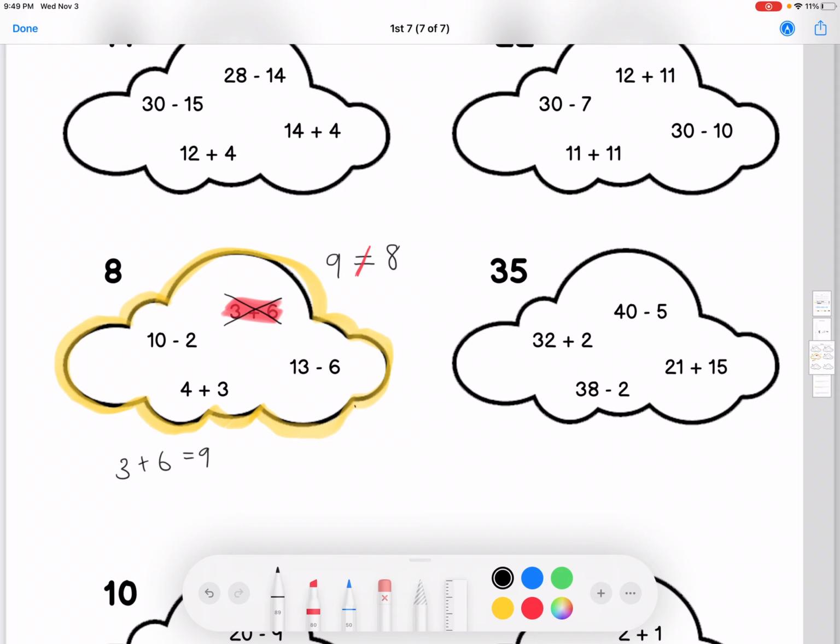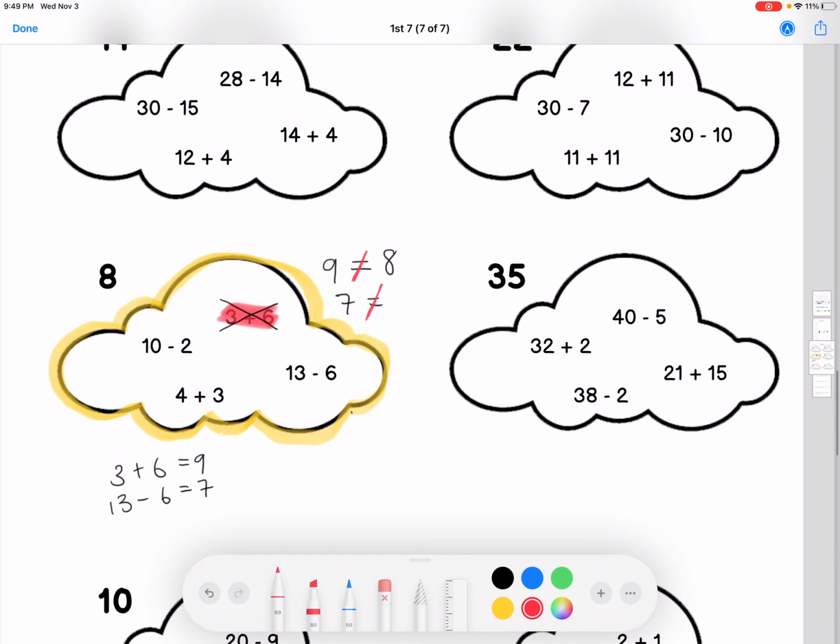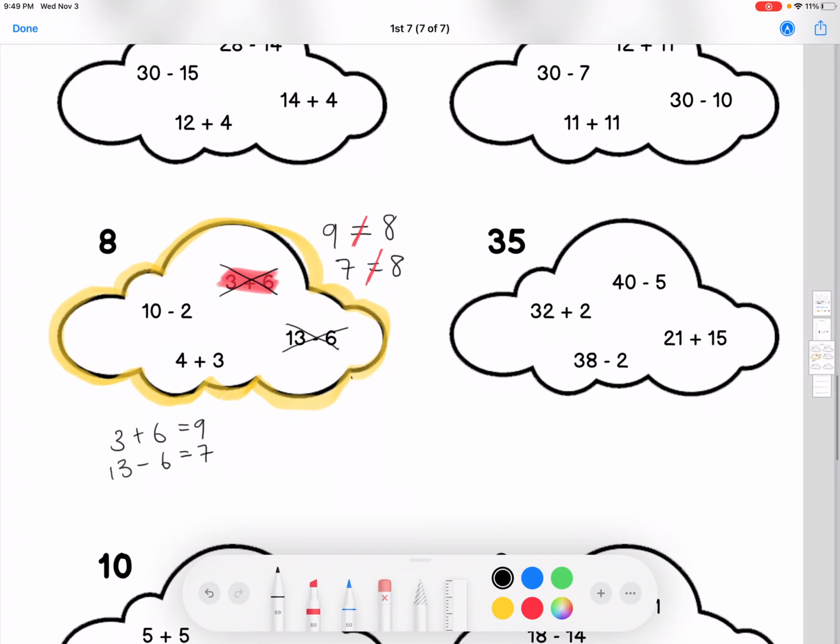It's not the answer. Next one, we have 13 minus 6, which is 7. And 7 does not equal 8 either. So 13 minus 6 is incorrect as well. Now we have 4 plus 3, which is 7.